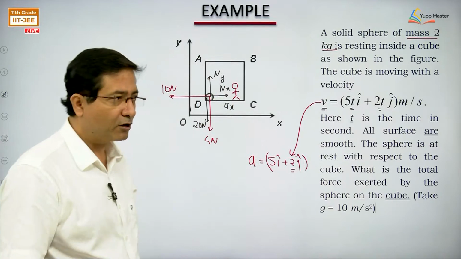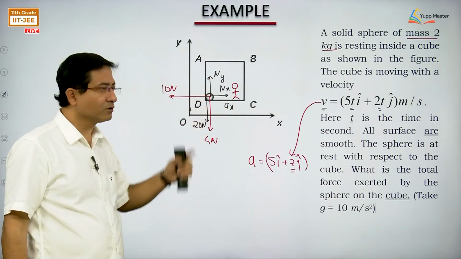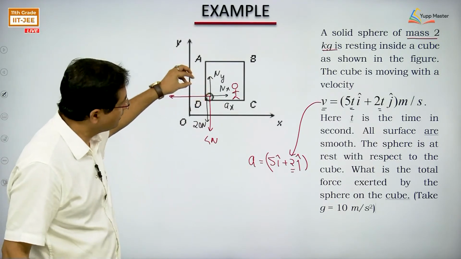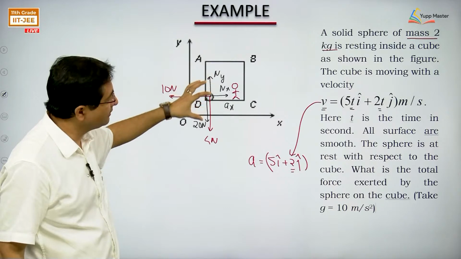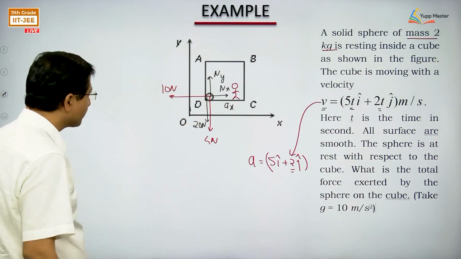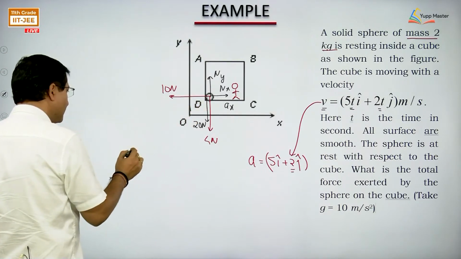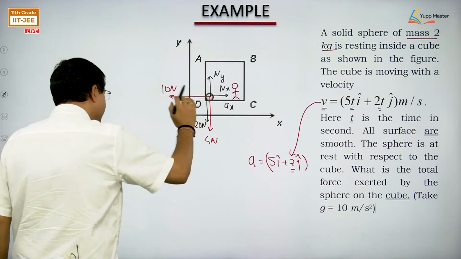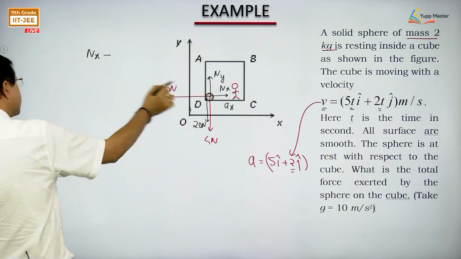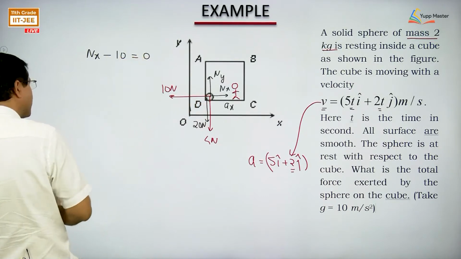So this is the free body diagram, and this observer is not going to observe any motion because the ball is always at corner D. So if the ball is at corner D, what he is going to write, for x direction let's write first, Nx minus 10 is equal to 0, Newton's first law.